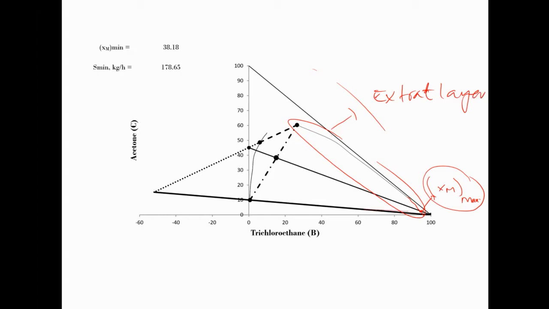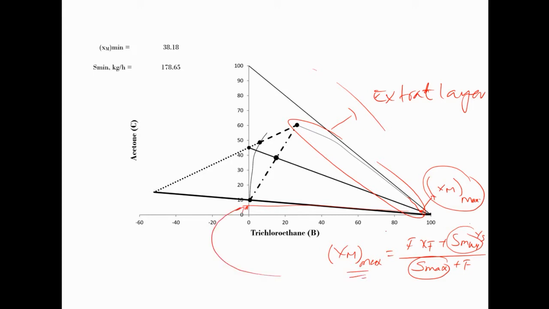Now once you know XM that represents the maximum, you can use the equation: XM is going to be the feed multiplied by X feed plus S maximum times X solvent, if you have any solute in your solvent, divided by S maximum plus your feed. So you're going to have only one unknown in this equation, since this one will be located from the graph, and that is going to be the point where the equilibrium line and the feed solvent line cross.